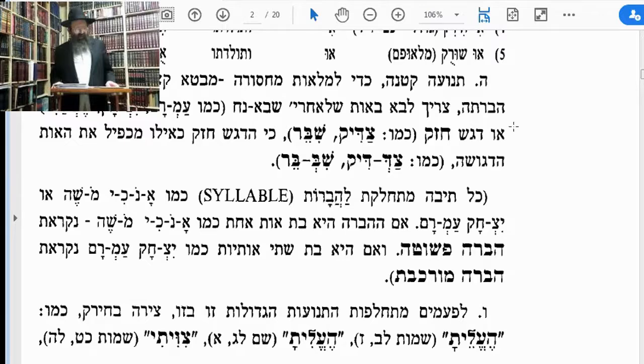Okay, so let's read inside. Tnua ktana, a minor vowel. Kedela malus machsoira, so because it's a short pronunciation, to make up for the fact that it's so short, therefore, if there is a shvo letter afterwards, it will be a silent shvo, which gives more space for the vowel.